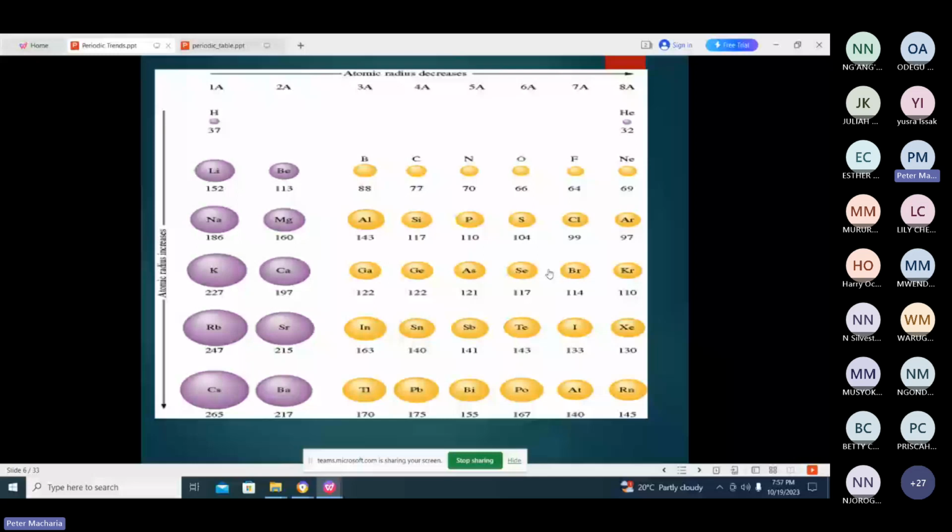That is the ability to give away electrons. Up the group, electronegativity increases, the ability to attract electrons, isn't it? Yes. Across the period, electronegativity increases. But down the group, electronegativity decreases, right? Yes. So those are the trends.